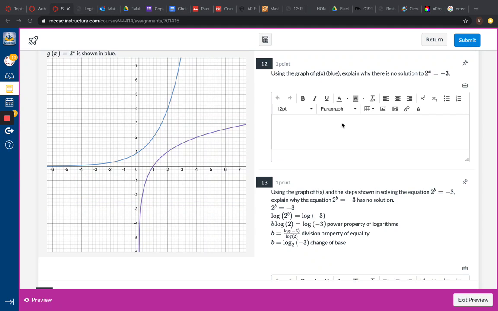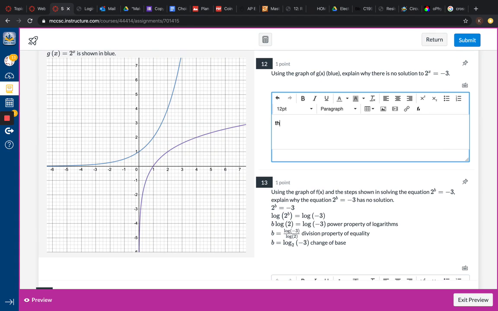So there are a couple things, and a lot of you guys said some different things which were pretty much spot on. We could say that the blue graph will never intersect the line y equals -3. We could say something to that extent. Negative 3 is our output, right?